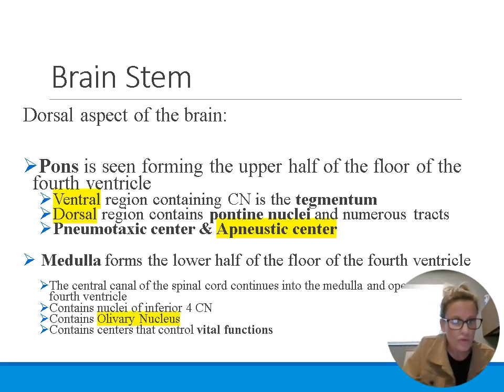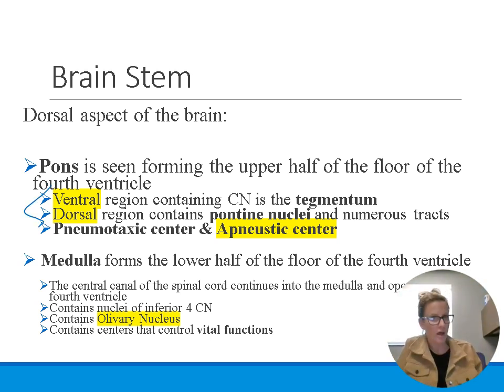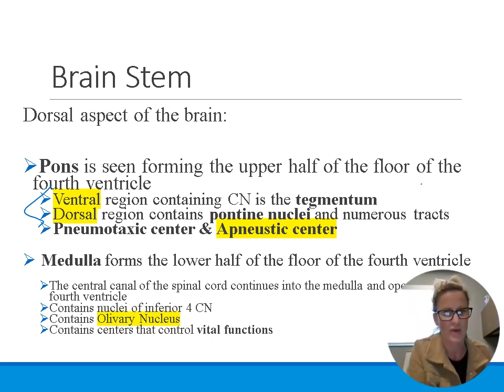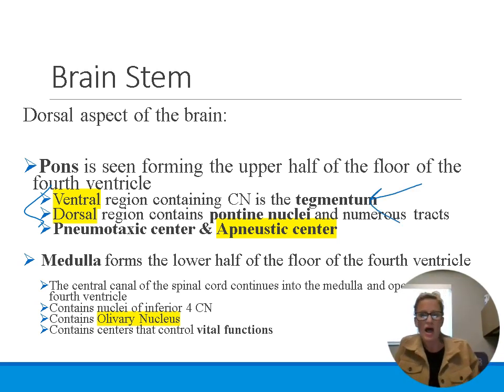The ventral region of the pons that has the cranial nerves on it, the front of the pons, is also sometimes referred to as the tegmentum. So the tegmentum also refers to the ventral part of the midbrain. Okay, so the front of the midbrain and the front of the pons could be referred to as the tegmentum.